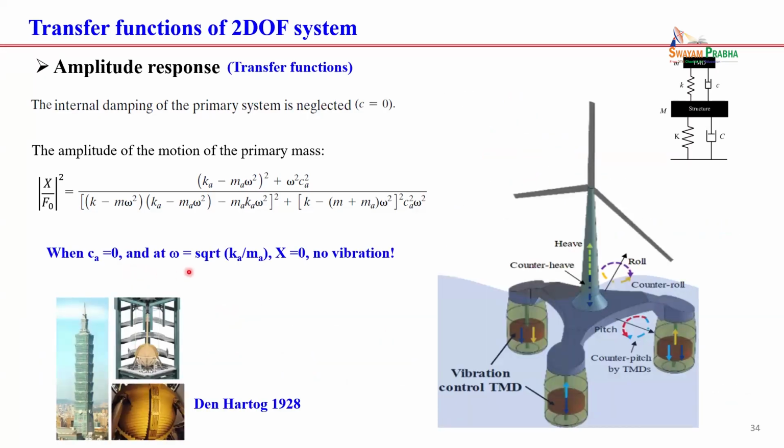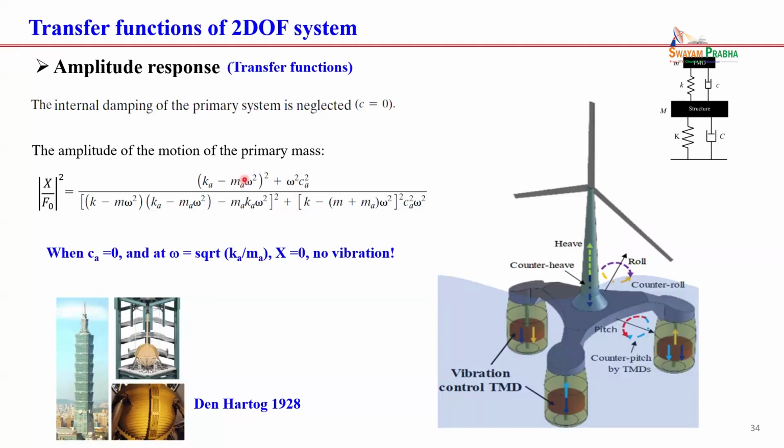Just like in this case, if you look at the transfer function A0, right? This is the primary, this is A, okay, the absorber mass damping. If this is 0, you can make the vibration amplitude 0 at exactly one excitation frequency.